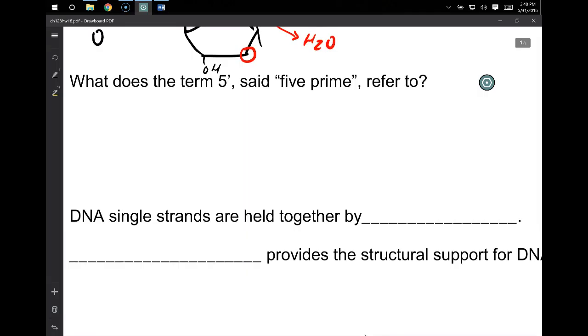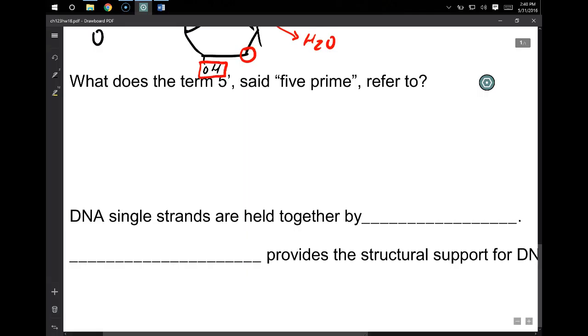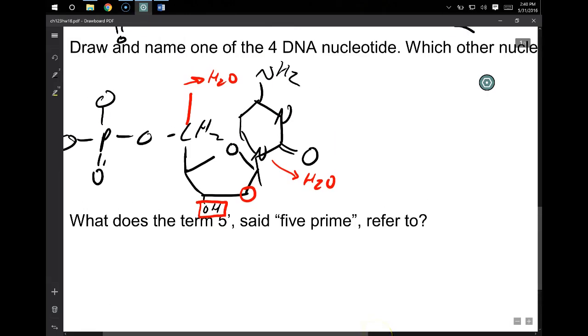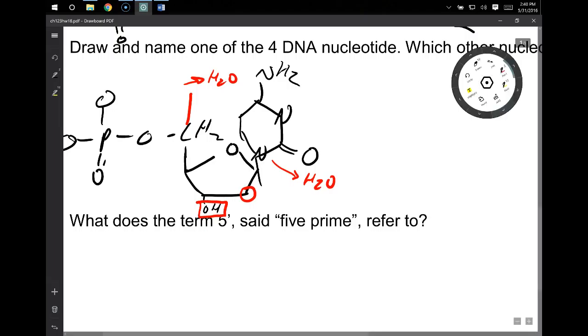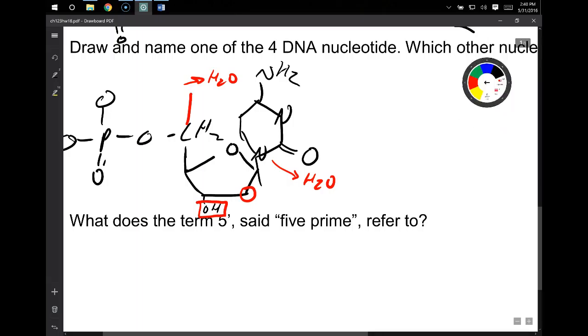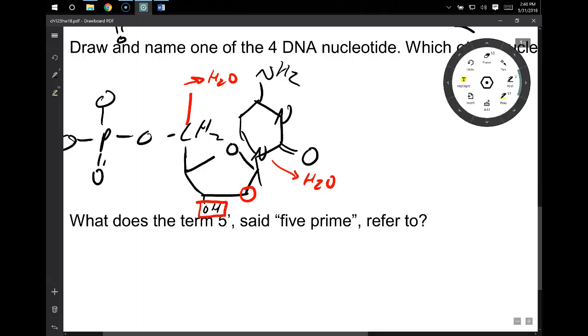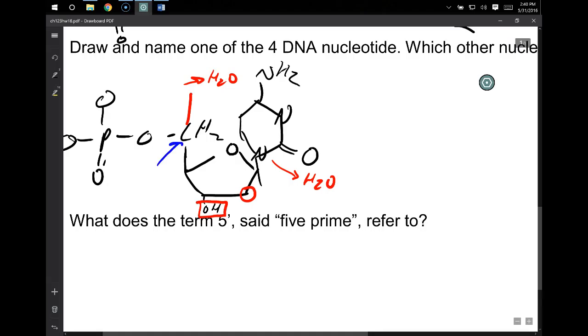And so tell me what this is supposed to do. Attached to the next phosphate group that allows the chain to continue. So what carbon am I pointing to there in blue?